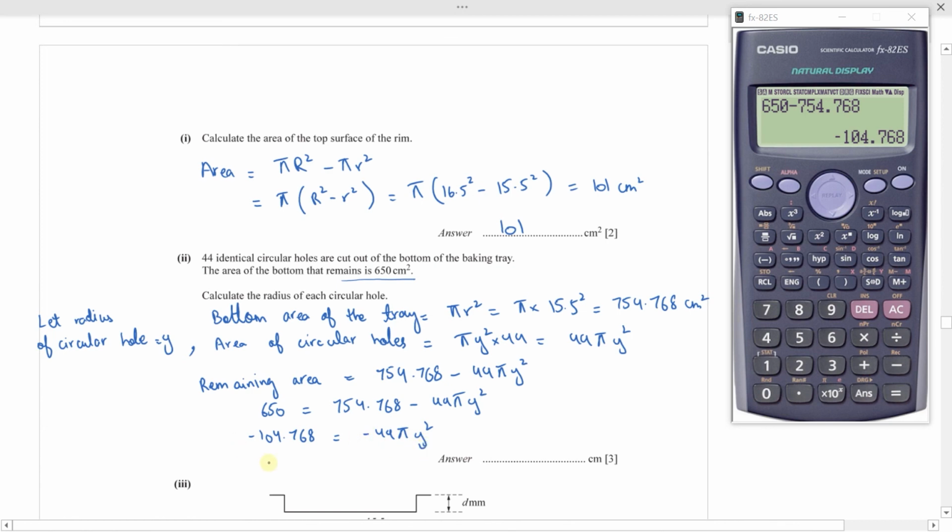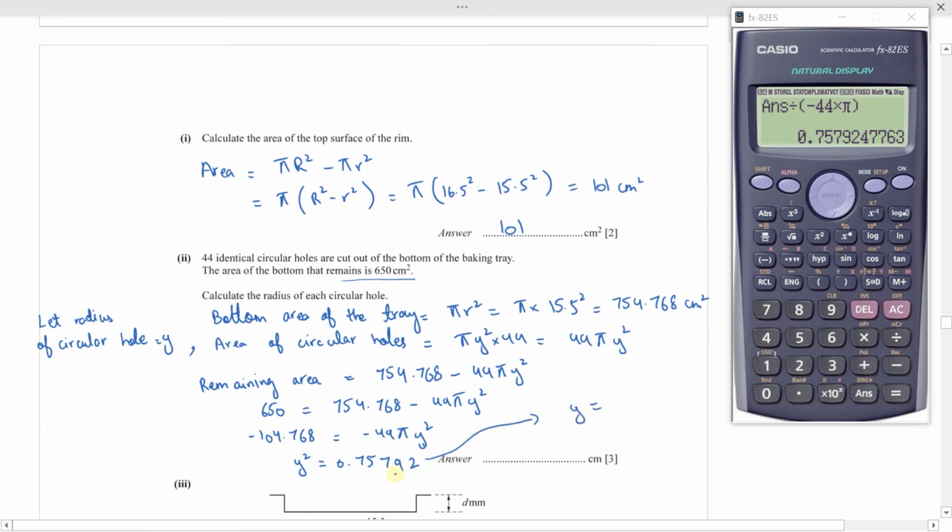Minus and minus will cancel out. I will divide this by minus 44 into pi, so I took this minus 44 pi to the other side of the equation and it will be divided on the other side. So this will be y square, and minus and minus cancel out. I get y square equals 0.75792.